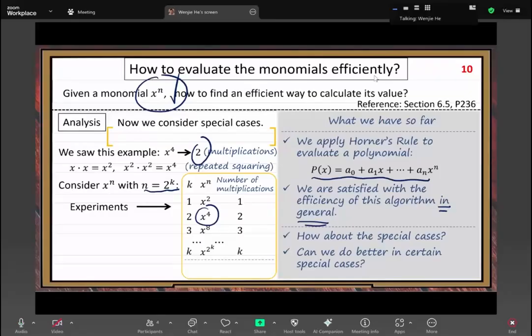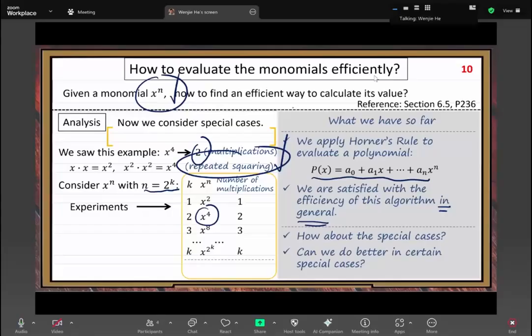That's the result you can enjoy from the repeated squaring technique. When you calculate a monomial this way, it is much faster than direct multiplication with a for loop.